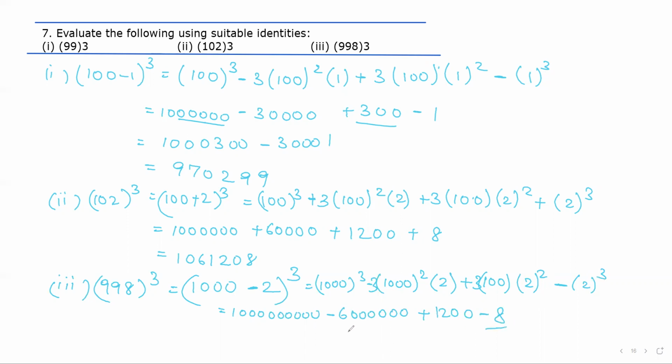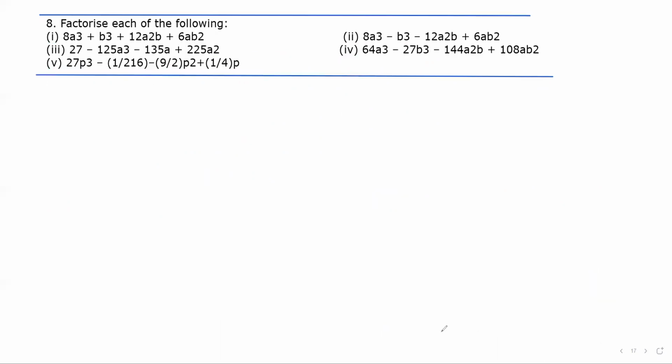So minus 8 will be added with this, 1200 will be added with this, calculated, you will end up with a big term, 994011992. In the exam you will have to calculate it yourself, so make sure your calculation is fast enough.